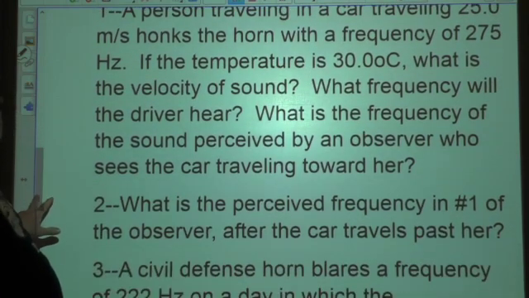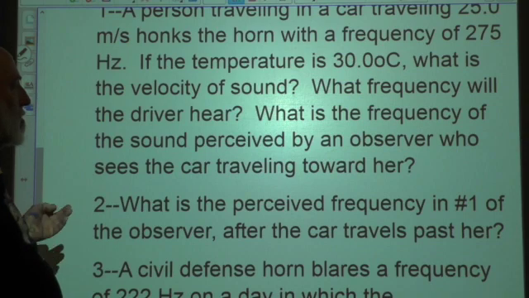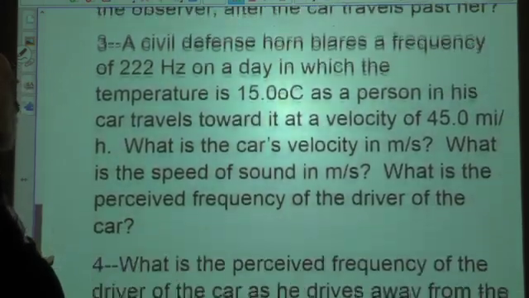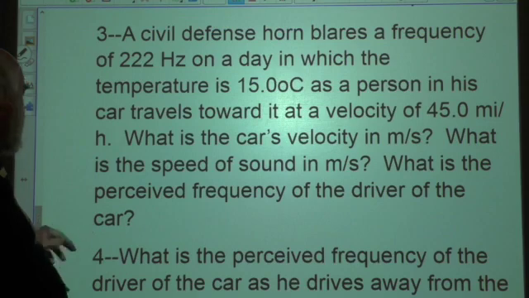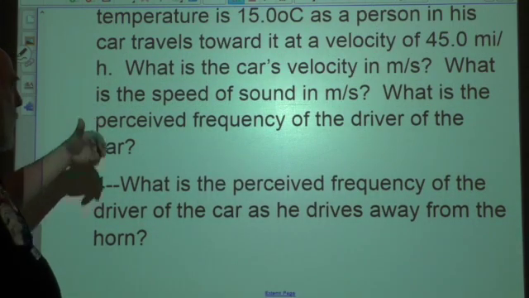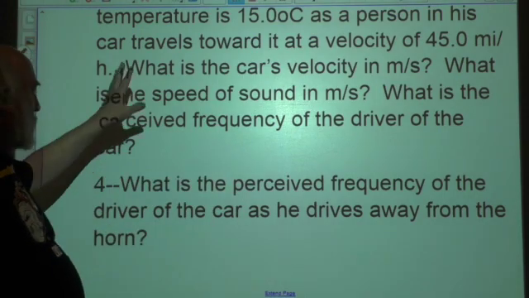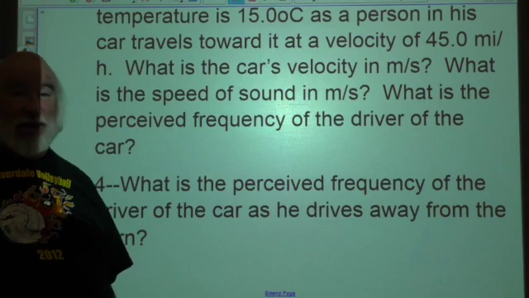I believe it's 331 meters per second plus 0.6 meters per second per degree Celsius times the temperature in degrees Celsius. So, if you would please, go ahead and do that. There's a number of parts to it, so I only give you 4 problems for this because there's a lot more. Have fun.